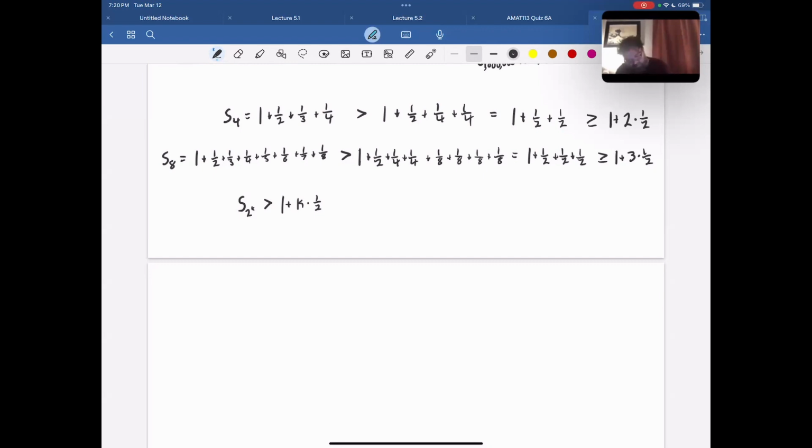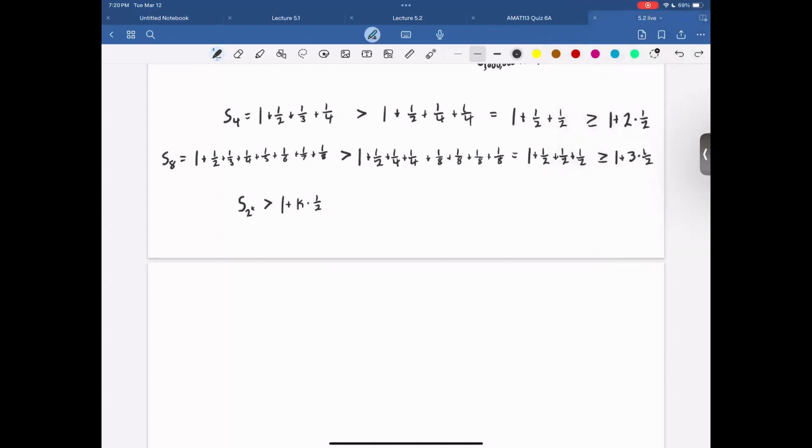And so the sequence of kth partial sums contains a subsequence that we know is greater than 1 plus k over 2. And the limit as k goes to infinity of 1 plus k over 2 diverges.